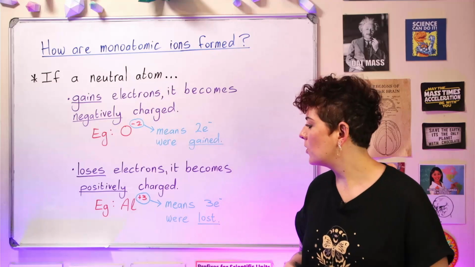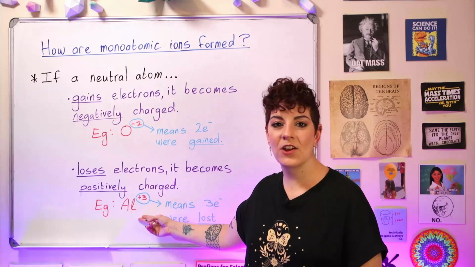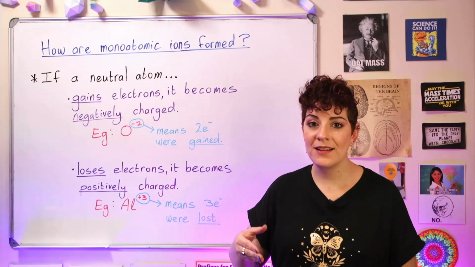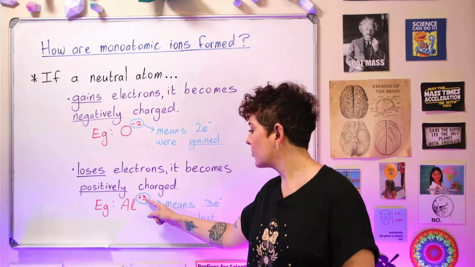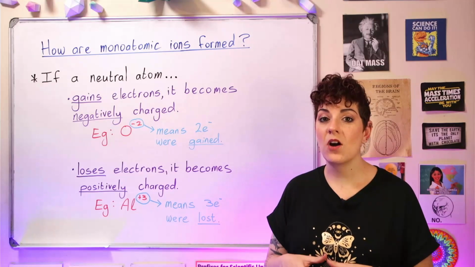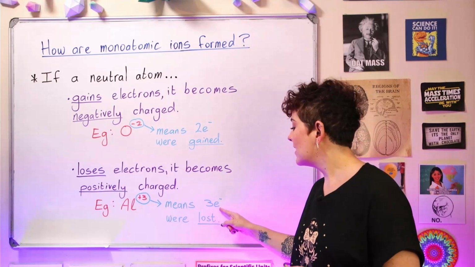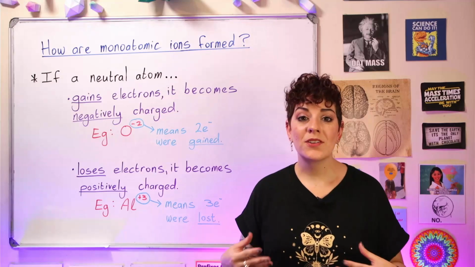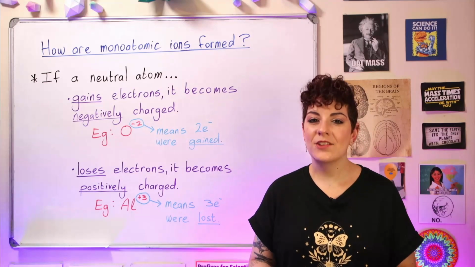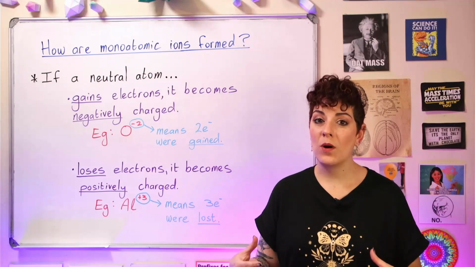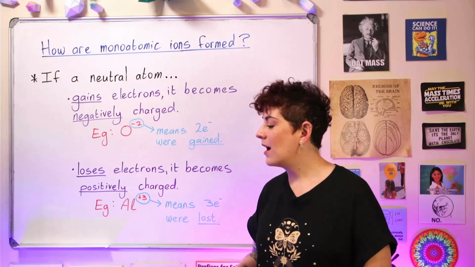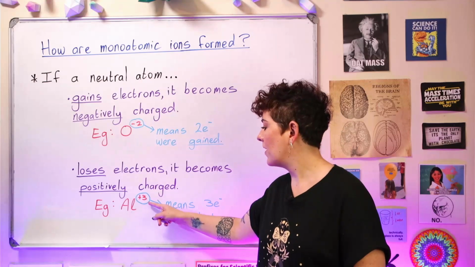So for example, we've got the aluminium cation here, Al+3, you could have written it as 3+, and the charge of +3 does not mean that 3 electrons were gained, it means the opposite. It means 3 electrons were lost. Because each time you lose an electron from a neutral atom, its charge gets more positive by 1. So by losing 3 electrons, the aluminium ion gets a charge of +3.